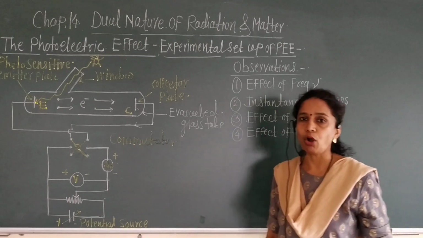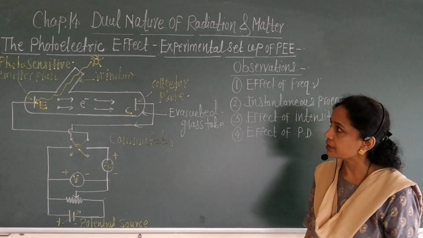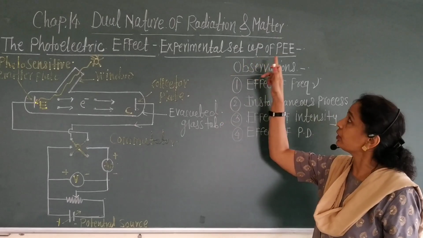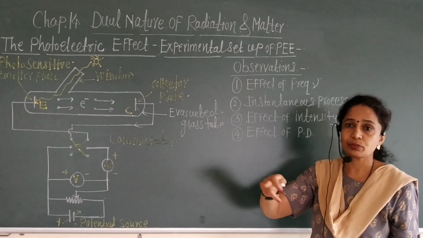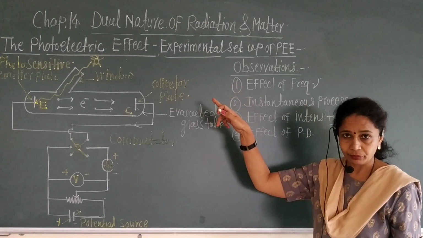Under the heading of modern physics, the first chapter is Dual Nature of Radiation and Matter. In your textbooks, this chapter is chapter number 14.